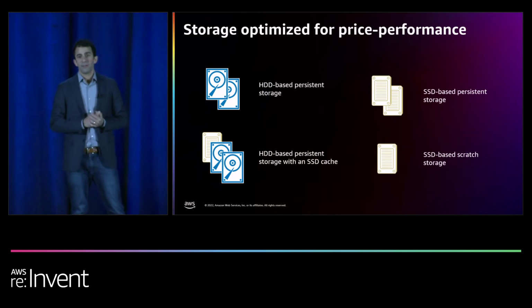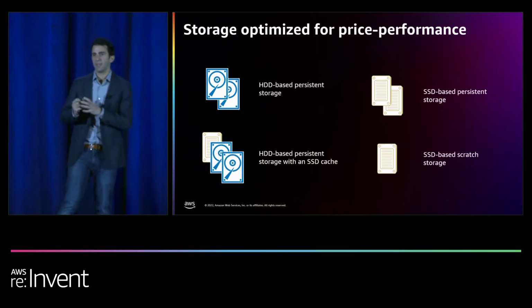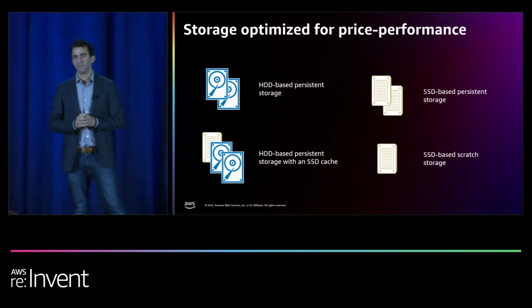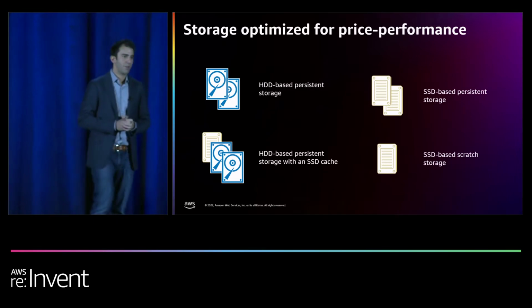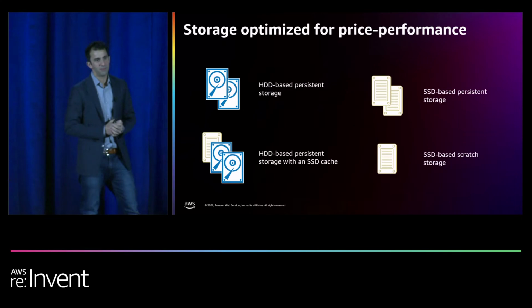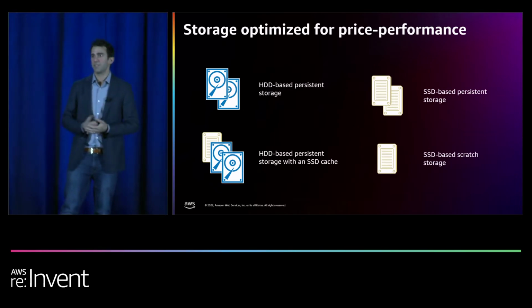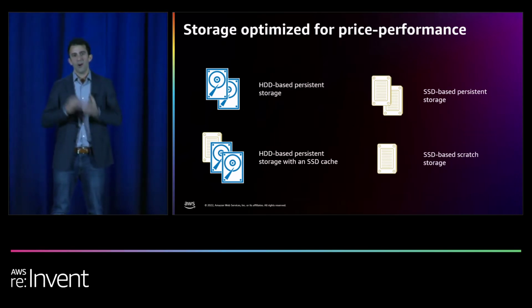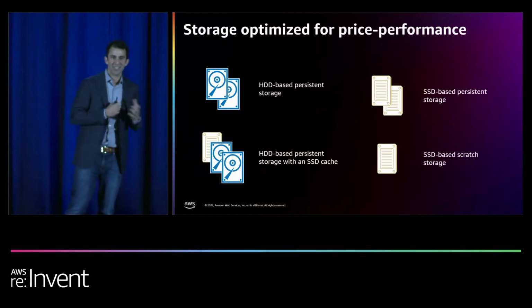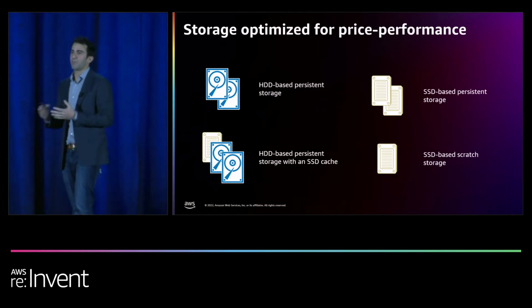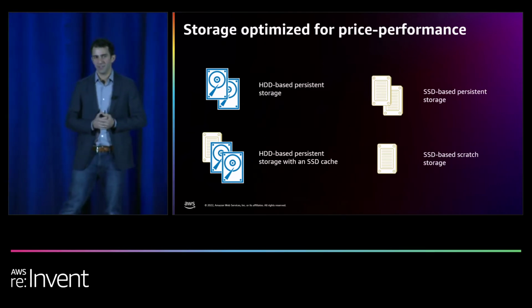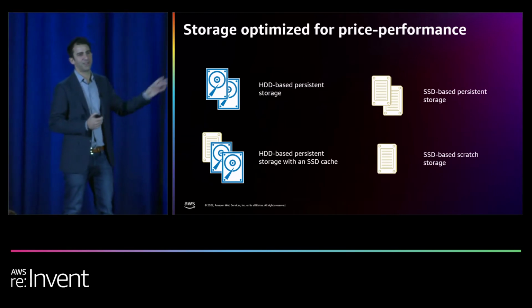So we have around 10 or so file system offerings within the FSx for Lustre service. We offer hard disk-based file systems. We offer solid-state disk file systems, hard disk with a solid-state disk cache, and unreplicated SSD-based file systems as well. It's a lot of different file system options.